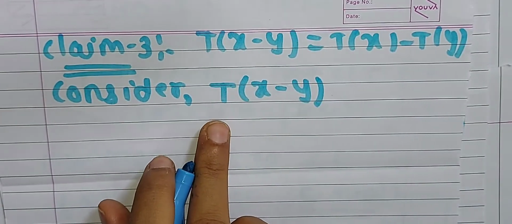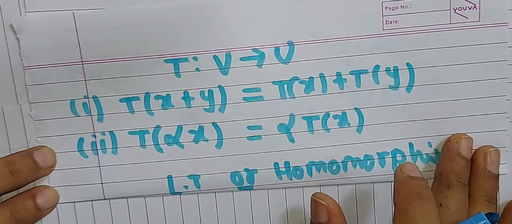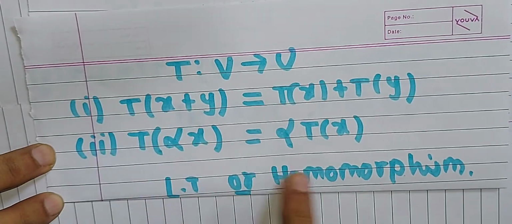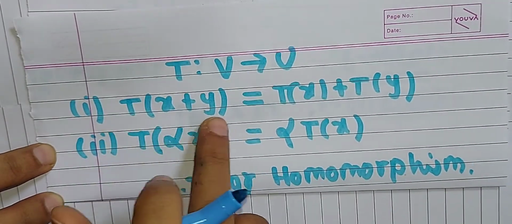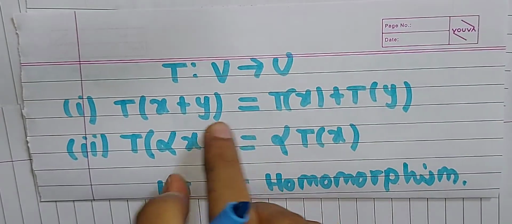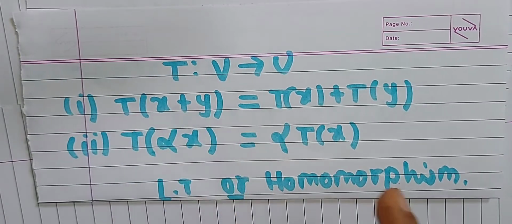Now we only know one thing, that T is a linear transformation, and with the help of property number 1, that is T of (x plus y) is equal to T of x plus T of y. This property is possible whenever the addition operation is there.